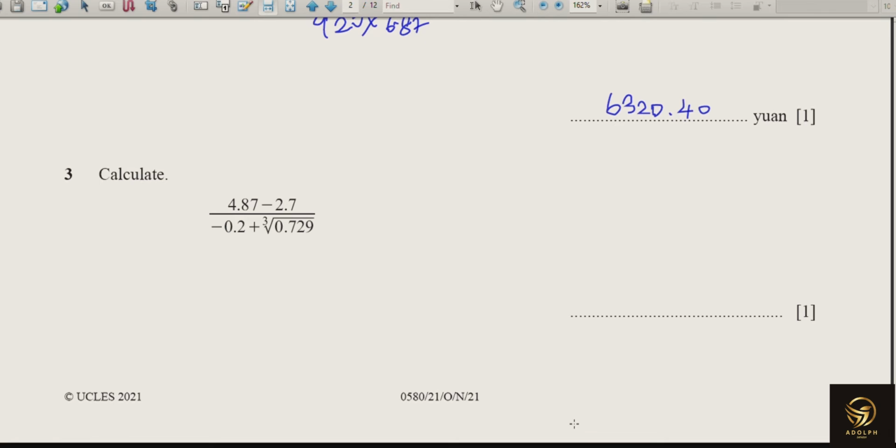Next one, we have to calculate this. So just use your calculator brilliantly. So 4.87 minus 2.7. We can use a bracket. Minus 0.2 plus cube root of 0.729.